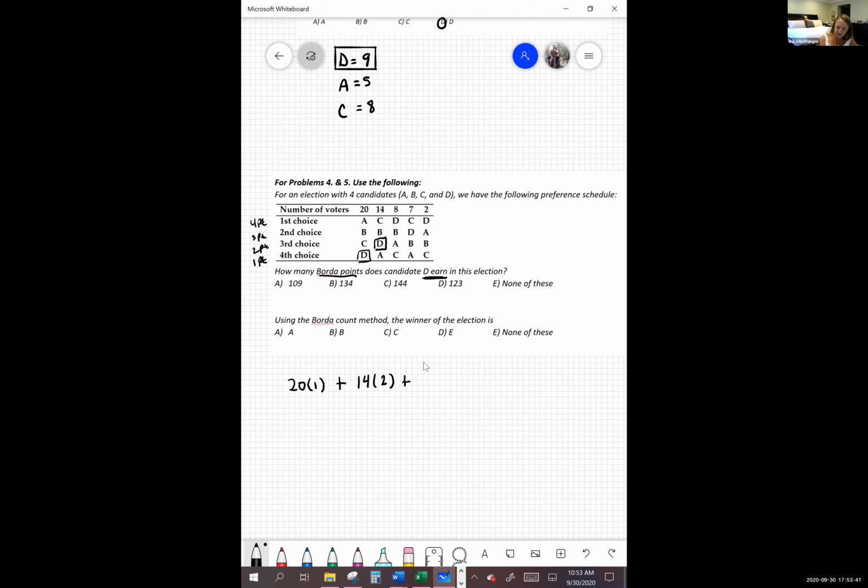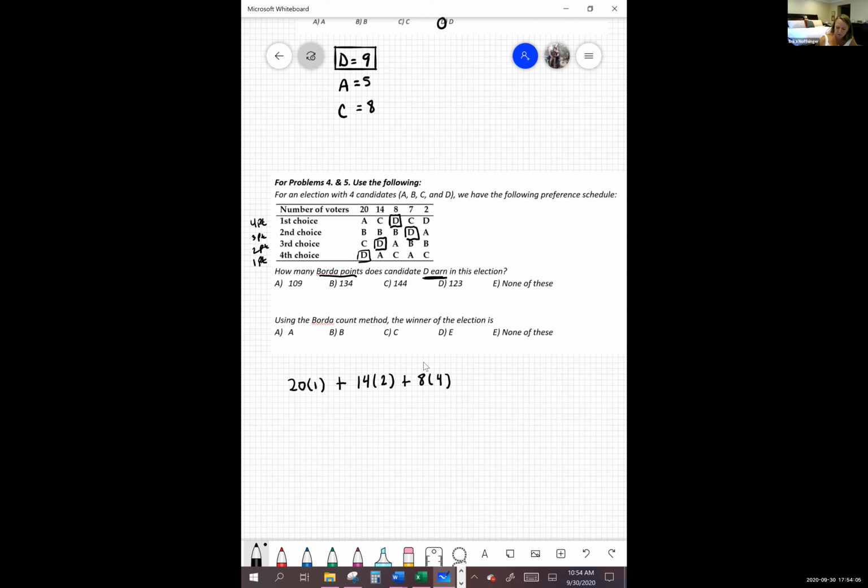Plus, in the next column, D was ranked first choice, and 8 people ranked them first choice, and it's 4 points to be in first place. So 8 times 4. In the fourth column, D was ranked second choice.